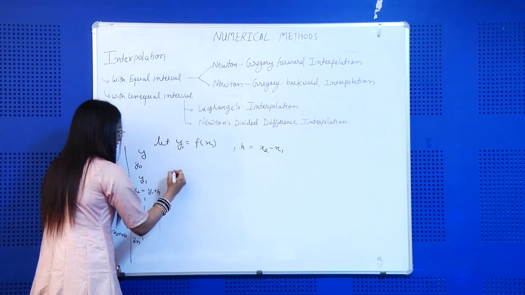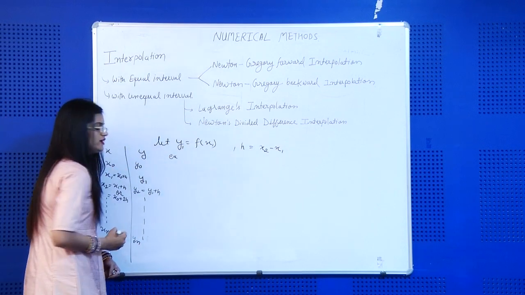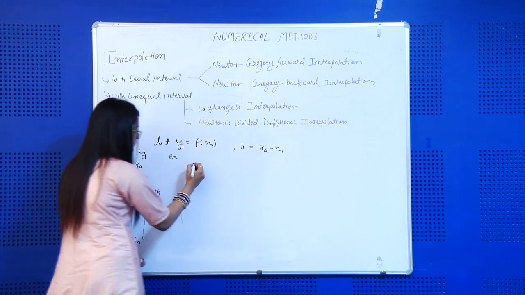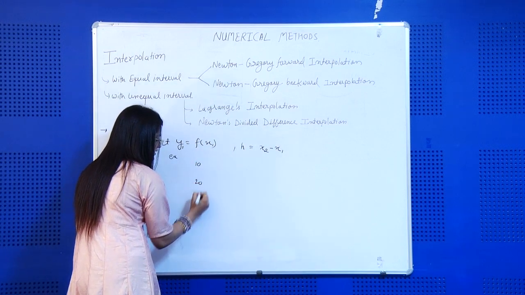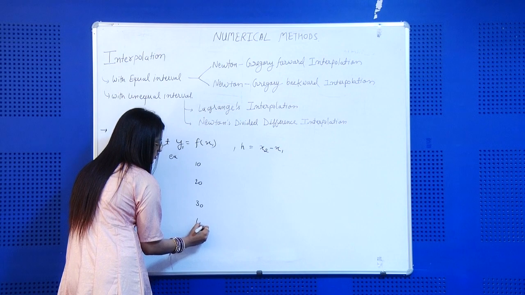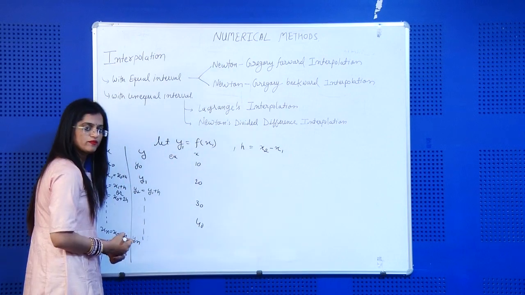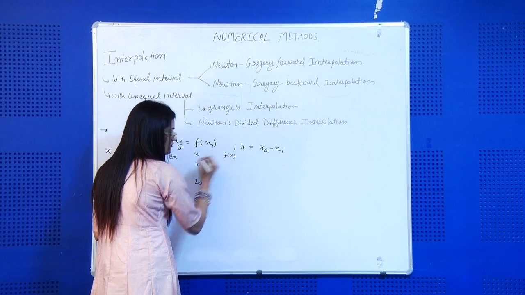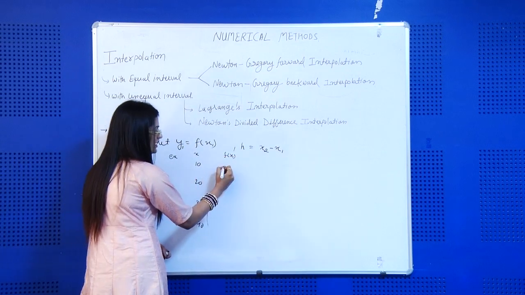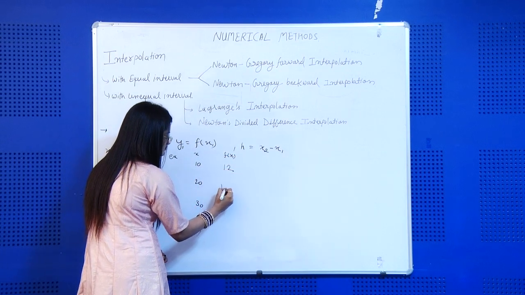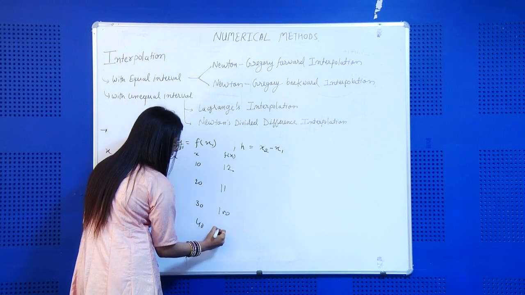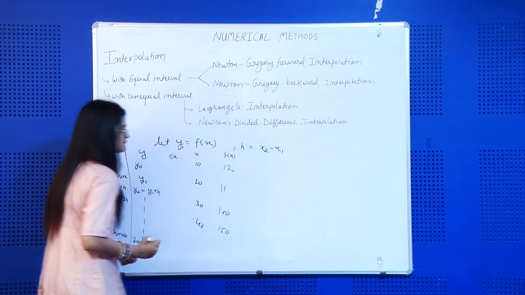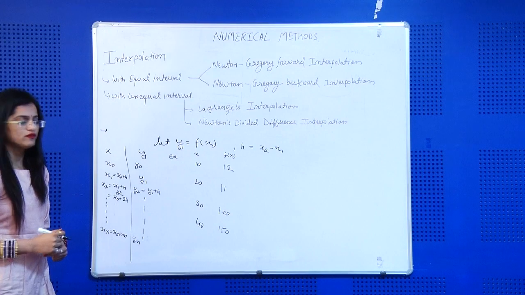For example, if I have finite data like 10, 20, 30 and 40, these are the values of x. The corresponding value of y is given, which is f of x. If I have random values, this is my y value.